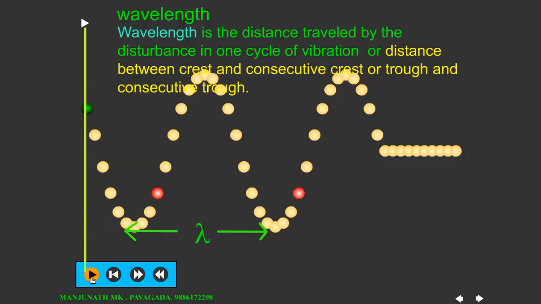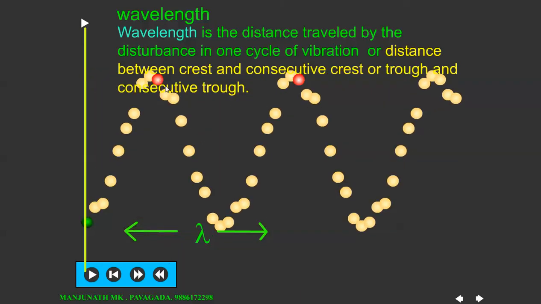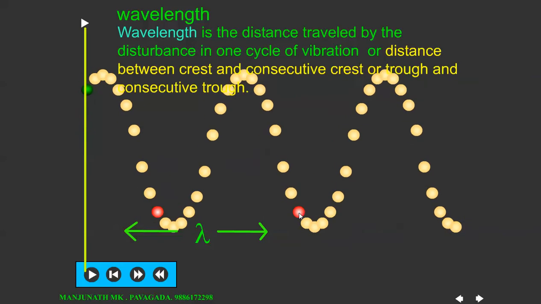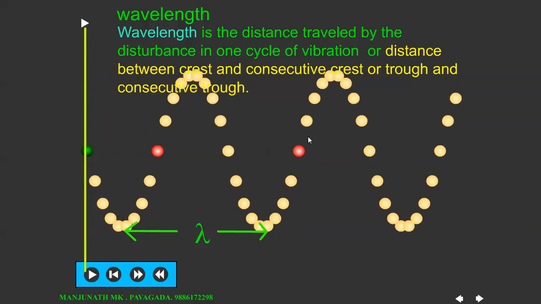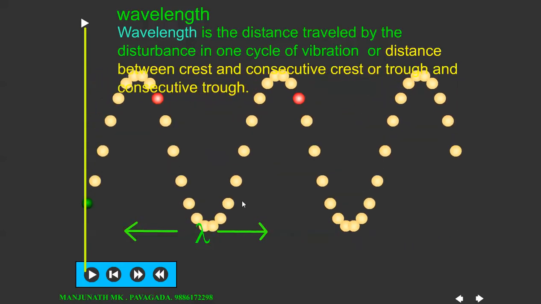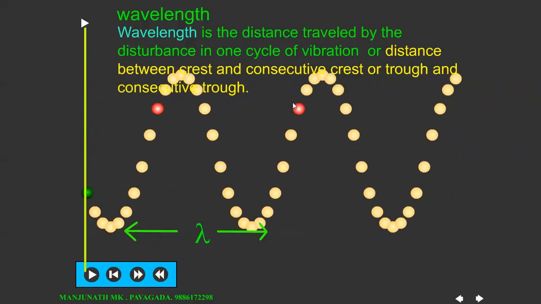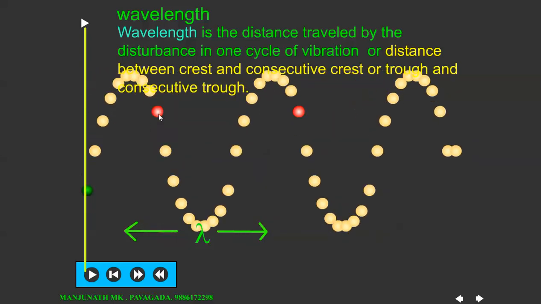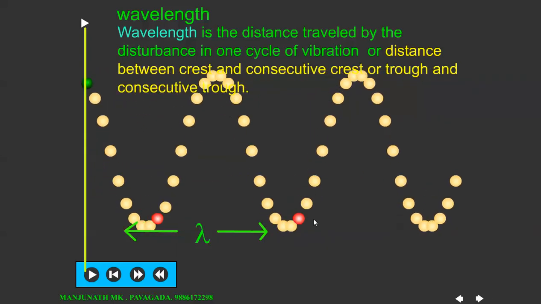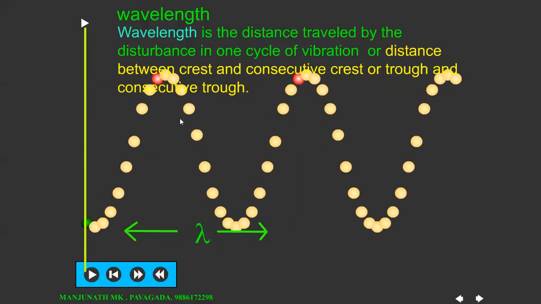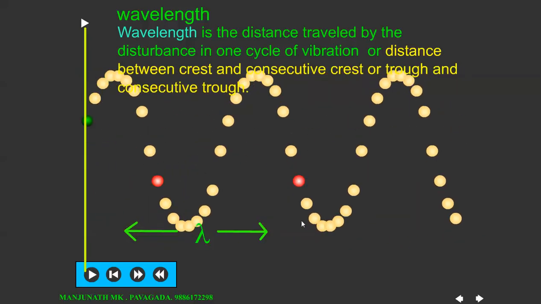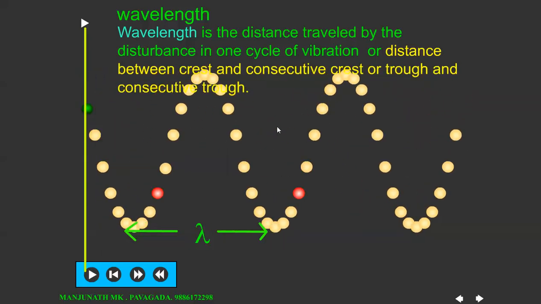And also look here, during this motion let us observe these two red particles. These two red particles are vibrating in the same fashion. It means when this red particle is moving up, at the same time the other is also moving up. When it moves in the downward direction, the other also moves in the downward direction. Now these two particles are said to be vibrating in phase.